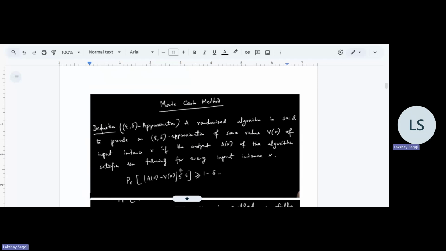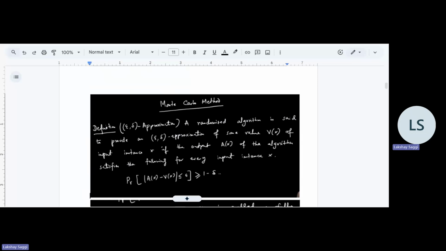So what's an epsilon delta approximation? A randomized algorithm is said to provide an epsilon delta approximation of some value v of x. Suppose we are given some input x and we have to find the value of some function, say v of x. For example, x is the input graph and v of x is the weight of the minimum spanning tree.